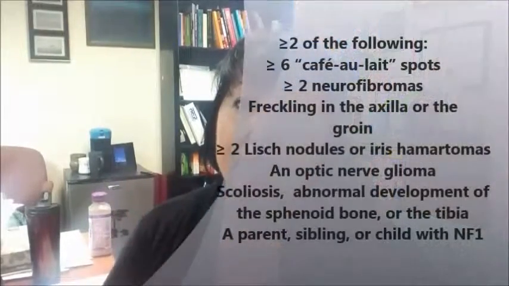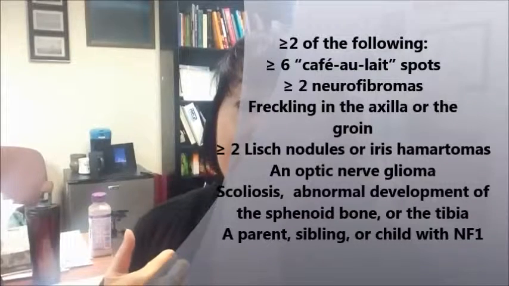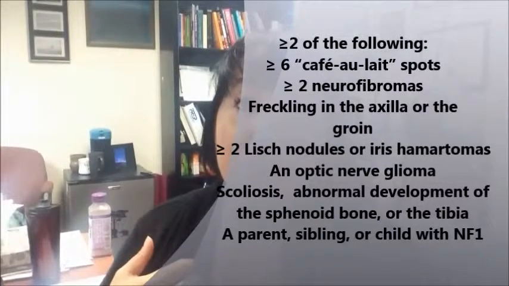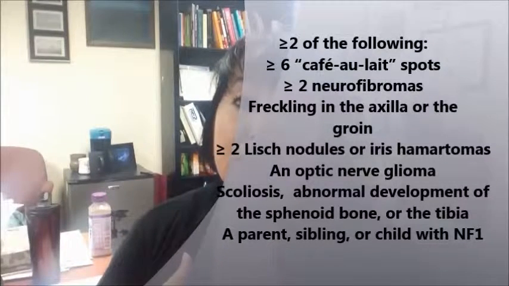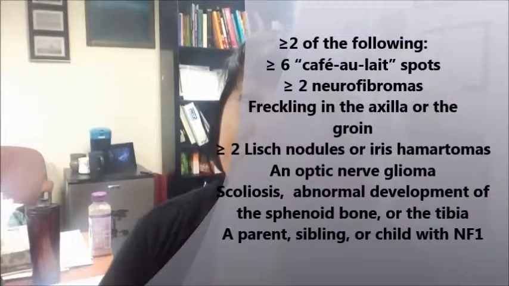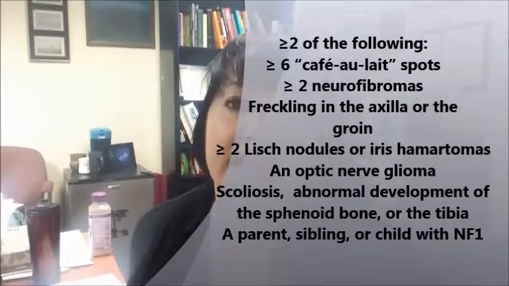Greater than or equal to 2 leash nodules, and we'll talk about those in a moment. An optic nerve glioma, scoliosis, or a first-degree relative with neurofibromatosis type 1. So all you need is 2 or more of those classifications.